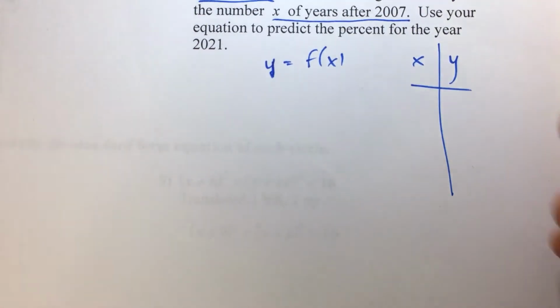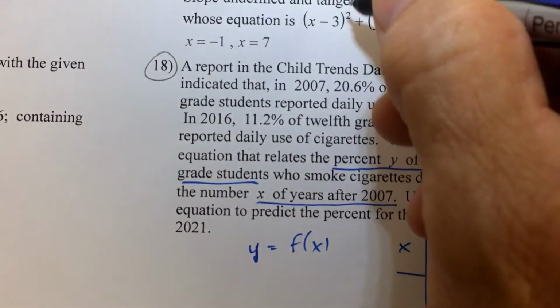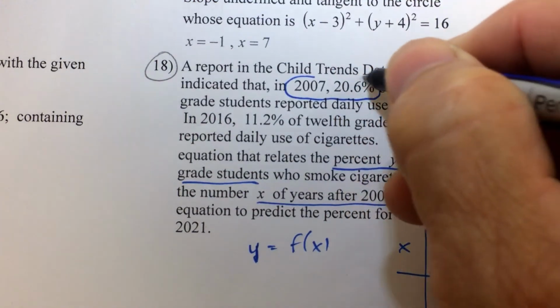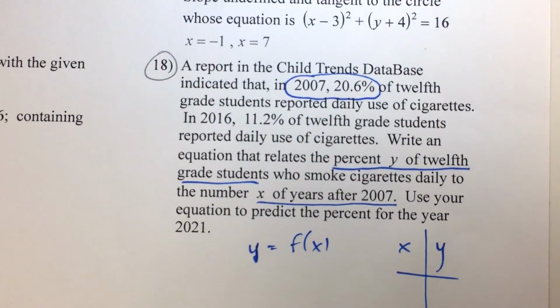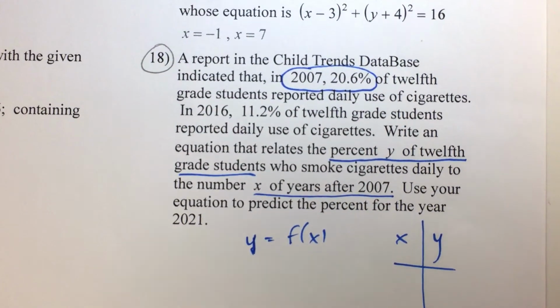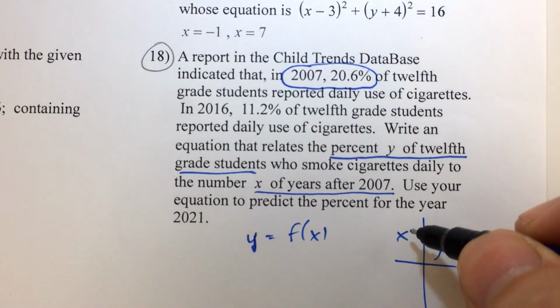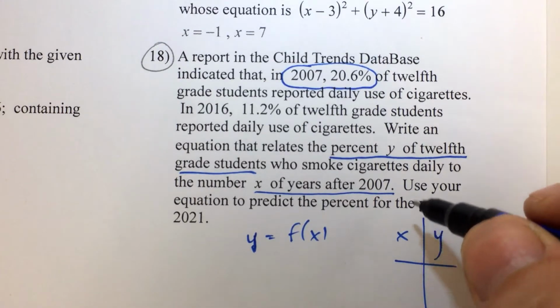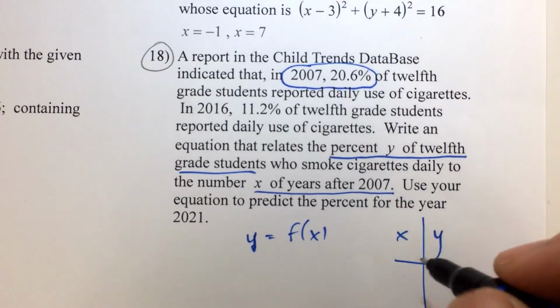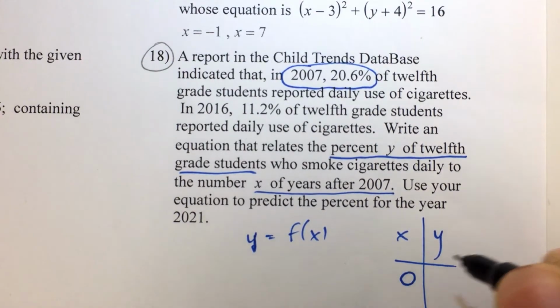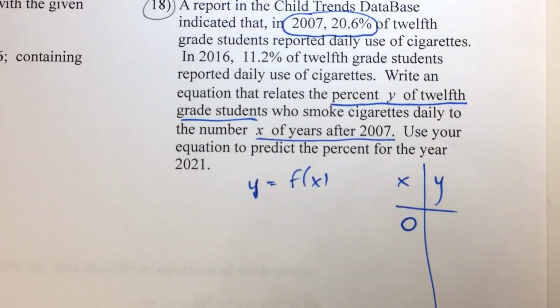We were given that in 2007, 20.6% of 12th grade students used cigarettes daily. If x represents the number of years after 2007, then in 2007, x would be 0. I'm going to make a little XY chart.